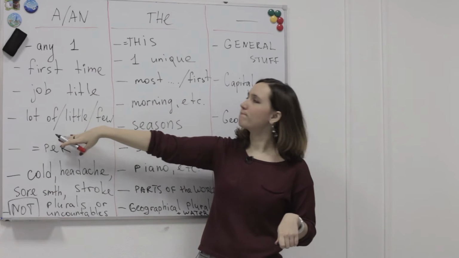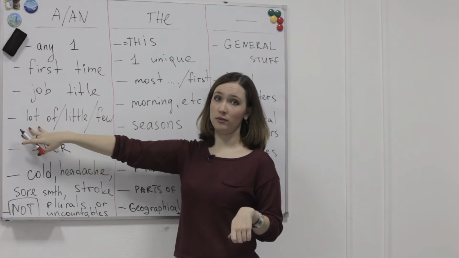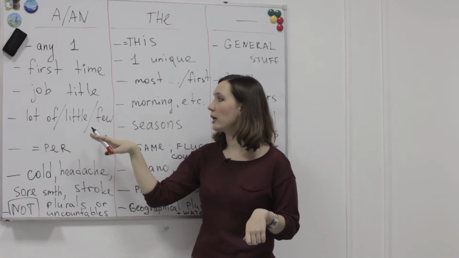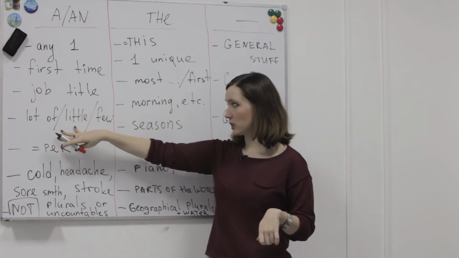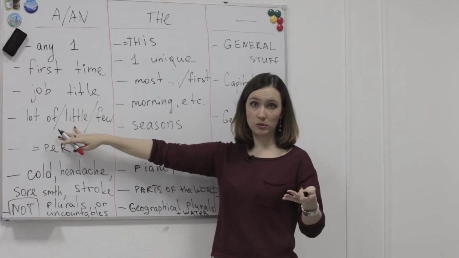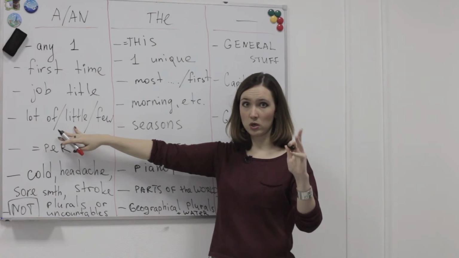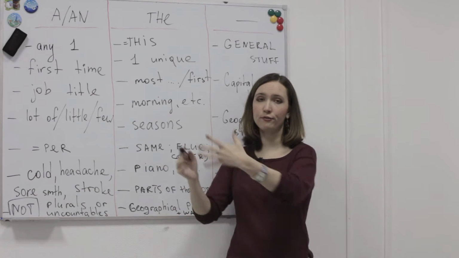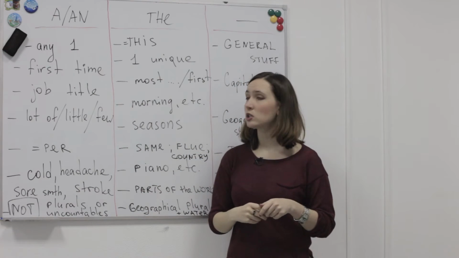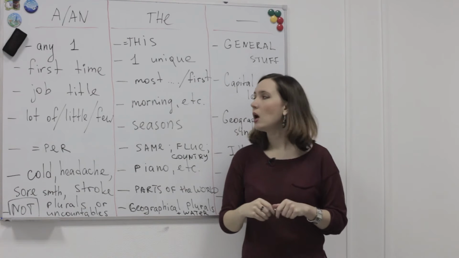Certain phrases like a lot of something, a little of something, a few. Now there are differences, yeah. A little we use with uncountables, something we cannot count, 1, 2, 3, 4, 5. A few when we actually can. So a few chairs, a little sugar.